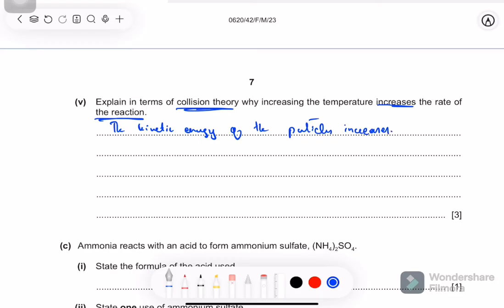What happens when the kinetic energy of a particle increases? It moves faster, because kinetic energy is directly proportional to the velocity squared. The speed of the particles increases, and there are more effective collisions between the particles.